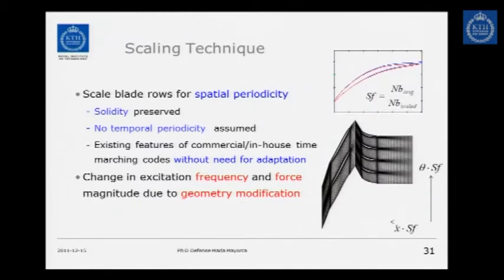Also, the advantage is that there is no need for any adaptation of boundary conditions. Any commercial code could be used, and we just update the domain and then do our simulation. But the problem is that it changes the frequency and the force magnitude due to this geometry modification. So we want to know how accurate that is.